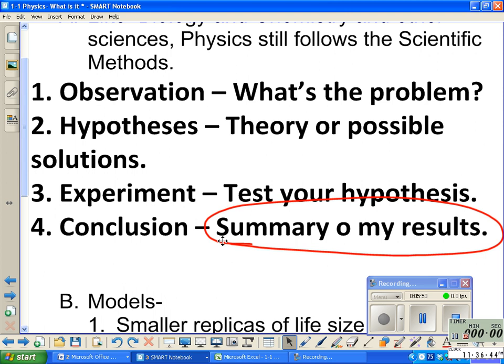You can either accept or reject what you've learned based on your results. If you reject it, you go back to the top. You look at the observation again. Then you look and see, is there a new hypothesis that you can develop? If you arrive at a new hypothesis, of course you need to do an experiment for that particular new hypothesis.